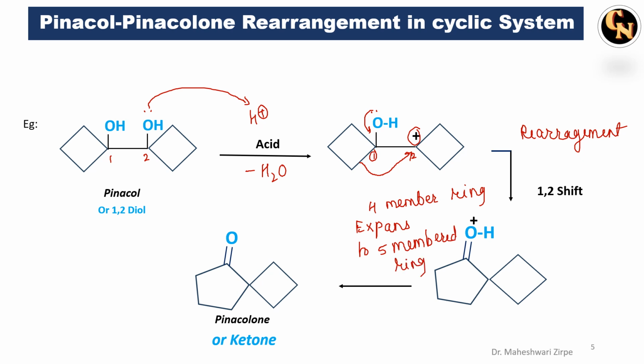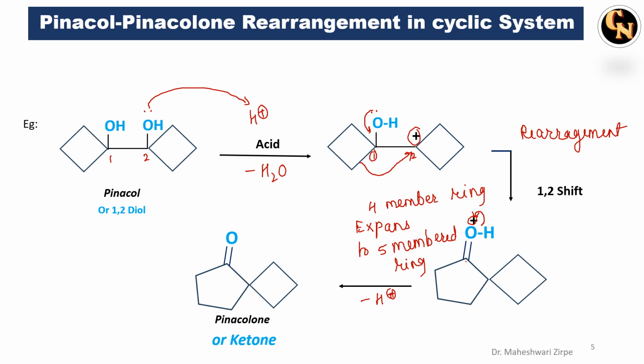And this is your 5-membered ring, 1, 2, 3, 4, 5, after the expansion or 1-2 shift. And the next step is the same, to stabilize the positive charge on oxygen by deprotonation, loss of proton, and you get a ketone, that is pinacolone.